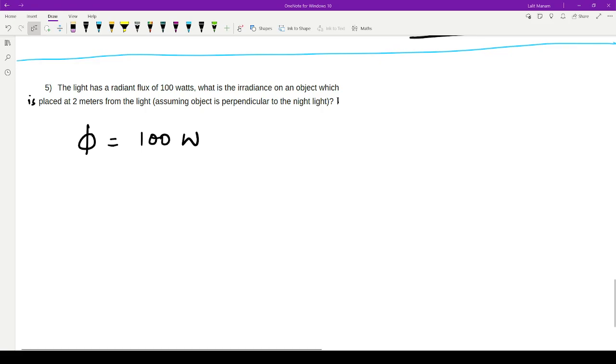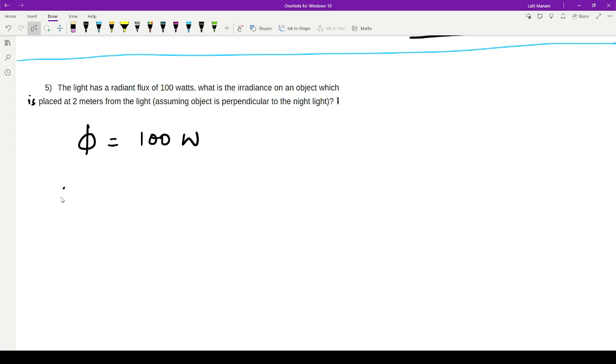Okay, so we'll move ahead. Given that we have a radiant flux, what is it that we need to do? We'll first calculate radiant intensity. Are you given any surface area of the object? No, we are not given any information about the surface.